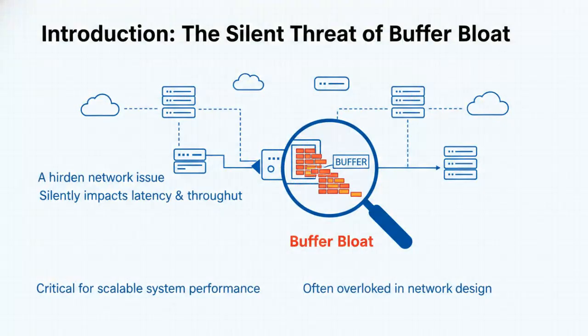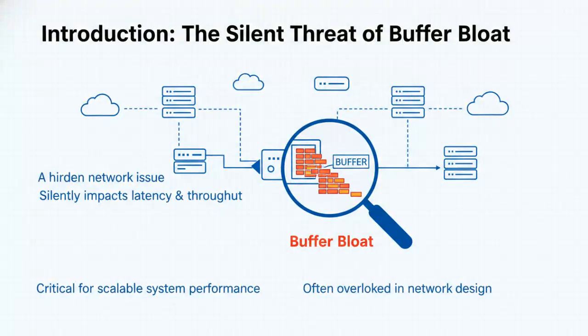Furthermore, as networks evolve, emerging technologies like QUIC, with its stream-based multiplexing and improved congestion control, offer new avenues for reducing latency and improving responsiveness. The future of combating buffer bloat lies not just in better queue management, but in a synergistic approach that spans hardware, operating systems, and application design, continually adapting to dynamic network conditions.